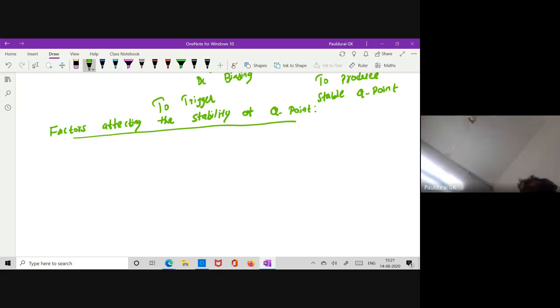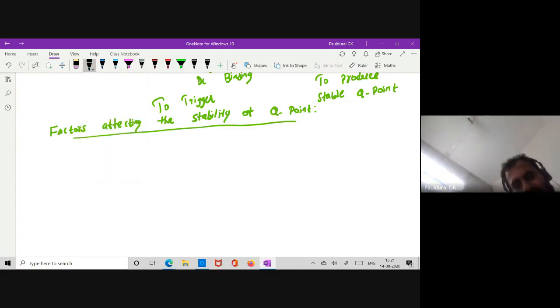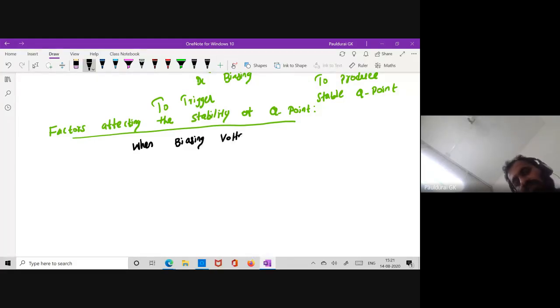Actually, what we are doing, we are giving constant voltage to the junction of the transistor. So when you are increasing the biasing voltage, actually what will happen?